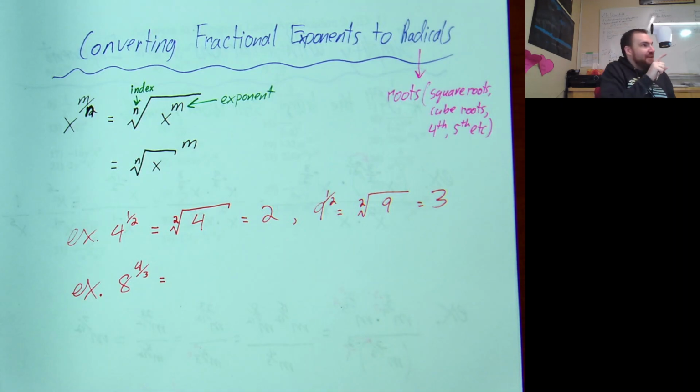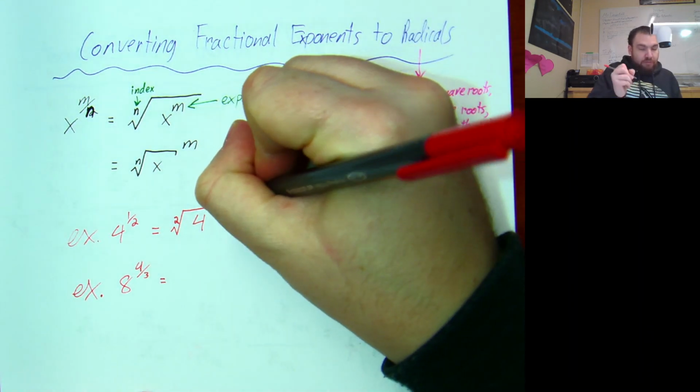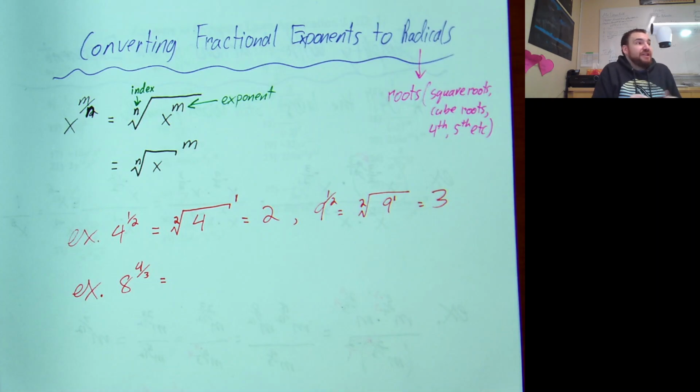Yeah. Okay, Danny. Where would the 1 be? Either here or here. Yeah, but it doesn't matter, because the exponent of 1 doesn't change anything. 9 to the 1 is just 9, or 4 to the 1 is just 4.